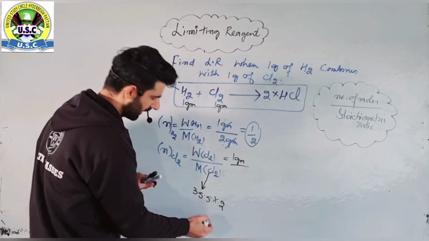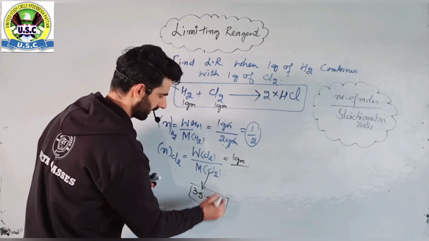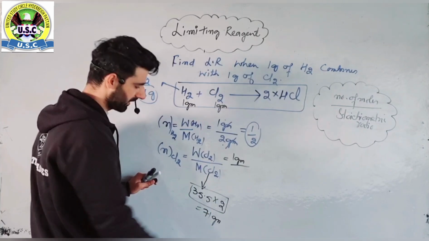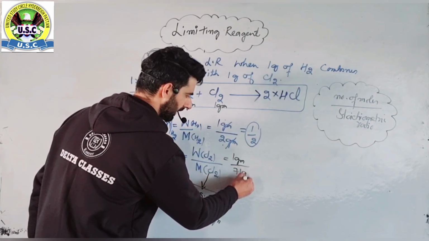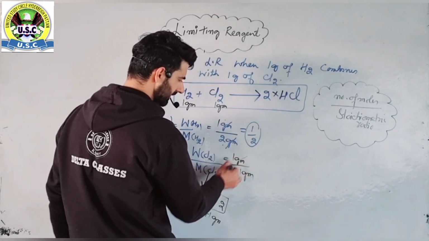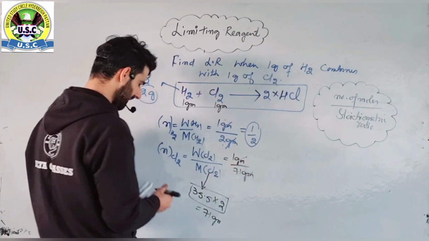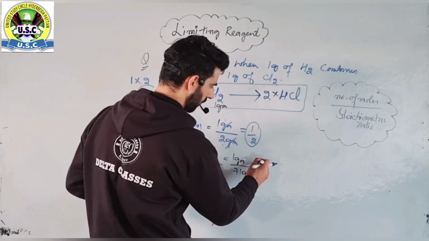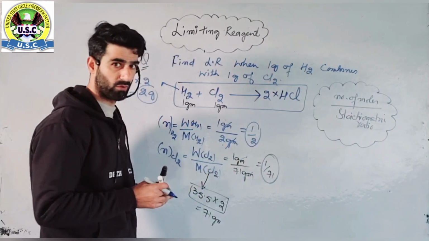The total molar mass of the chlorine molecule is 35.5 multiplied by 2, which equals 71 grams. The grams cancel, and we get a value equal to 1 divided by 71.